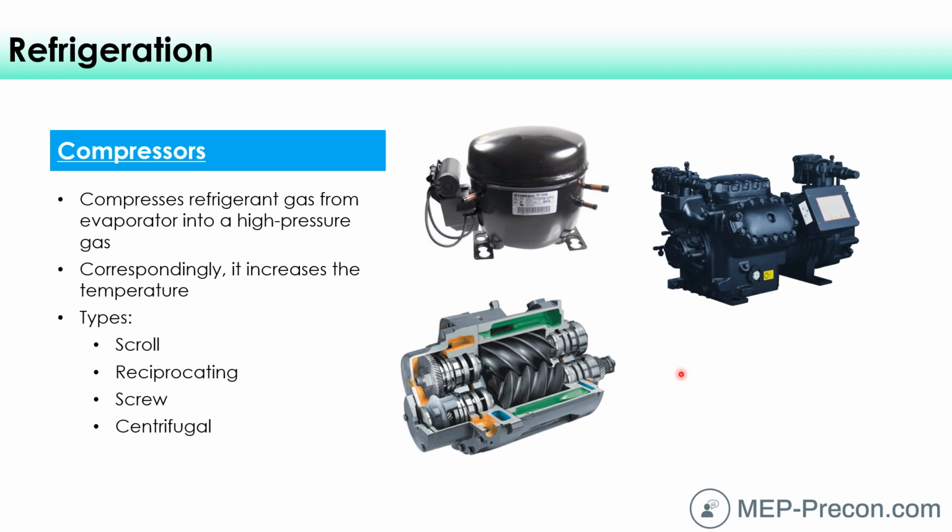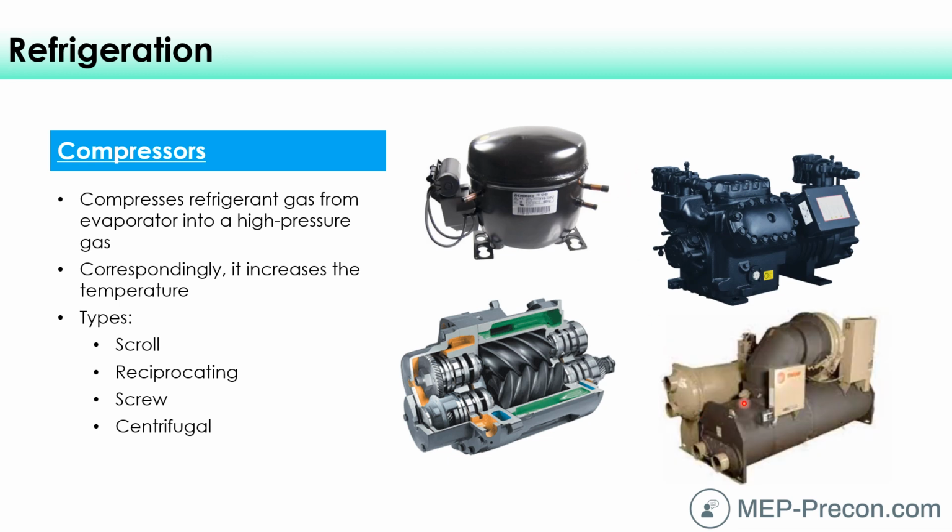But as we go up in size now, we have a centrifugal chiller, and boy, these things can go up to thousands of tons. And they're driven by an impeller within a volute here, kind of like a centrifugal pump.